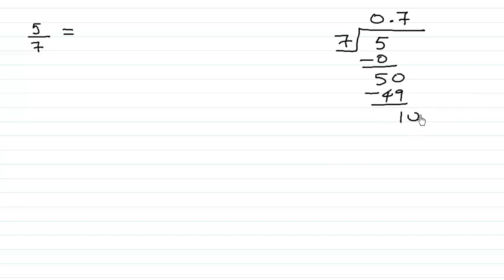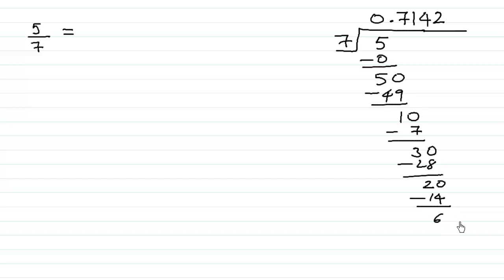We put a 0. 7 1s are 7. 3, putting a 0. 7 4s are 28. 2, putting a 0. 7 3s are 21. So 7 2s are 14. 6, putting a 0. 7 8s are 56.